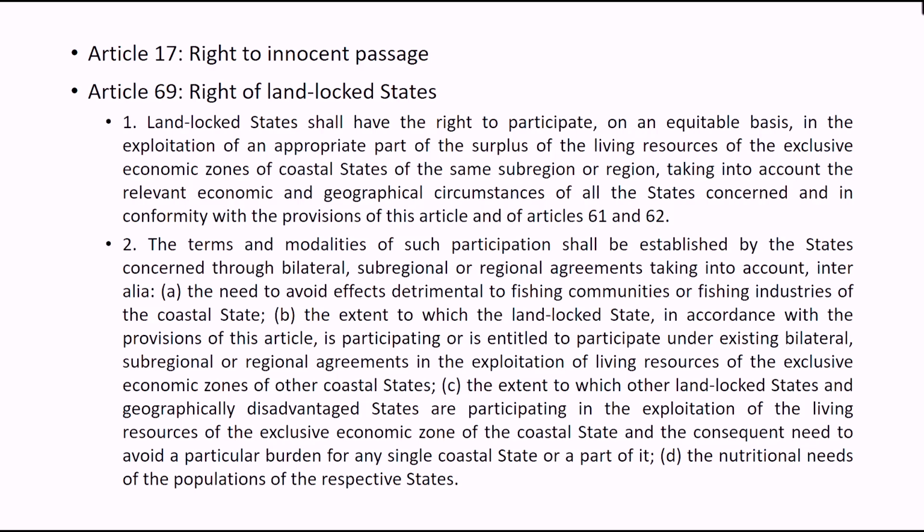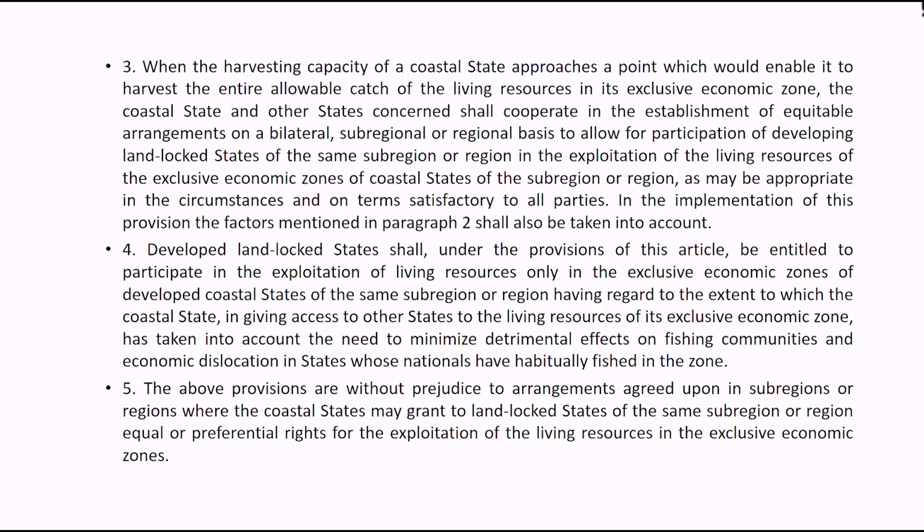The extent to which other landlocked states and geographically disadvantaged states are participating in the exploitation of the living resources of the EEZ of the coastal state and the consequent need to avoid a particular burden for any single coastal state or part of it. The nutritional needs of the population of the respective states. So, such things are to be taken into account while they enter into bilateral or other kinds of agreements.